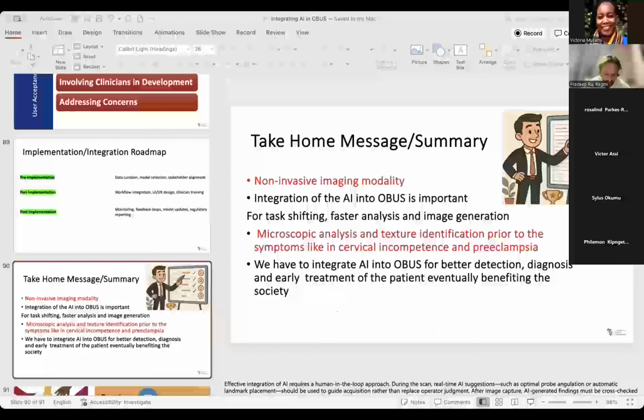We've actually seen why it's important for AI to be integrated, especially on the radiology side of things. So these are things that you can continue working on. And I think that last slide has got the best message of all: better detection, better diagnosis, and early treatment. Regardless of the disease, I know this just points towards maternal health, but regardless.